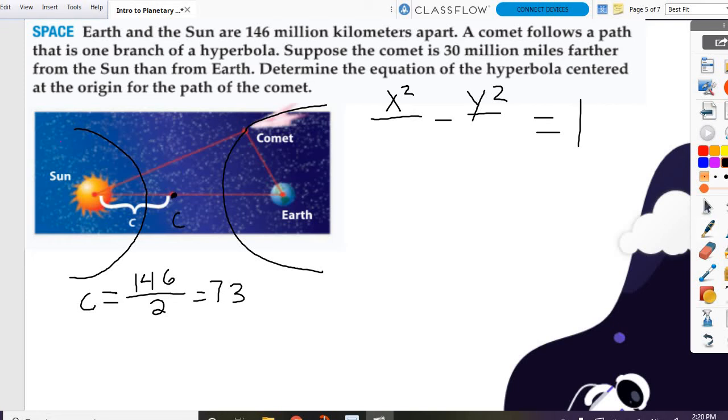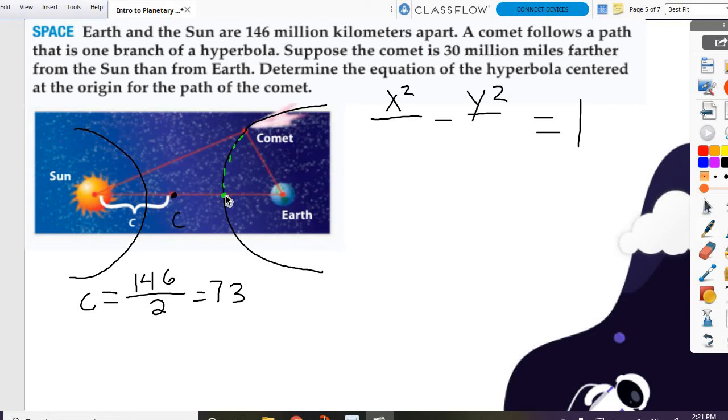The comet is moving in this orbit, and no matter where it is, it's always 30 million miles farther.